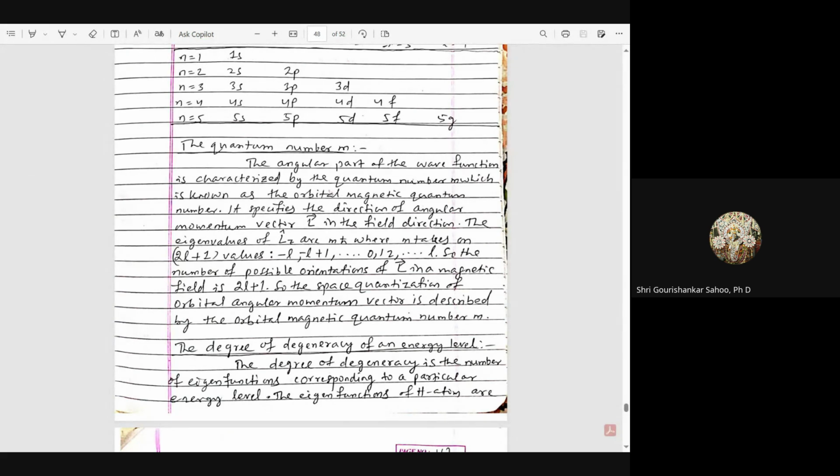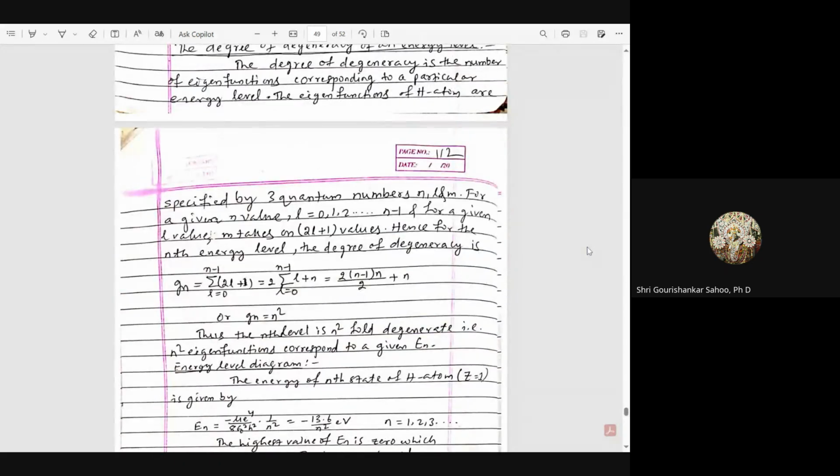And the degree of degeneracy of an energy level is the number of eigenfunctions corresponding to a particular energy level. The energy and the eigenfunctions of a hydrogen-like atom are specified by three quantum numbers n, L, and m. For a given n value, you have L equal to 0, 1, 2, and so on up to n minus 1. And for a given L value, m takes 2L plus 1 values from minus L to plus L, and in between 0.